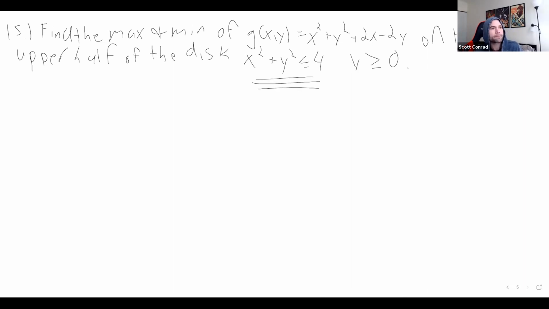So an inequality means you're just going to be considering a closed bounded region, and you have to do the critical points inside the region step, and then consider what's happening on the boundary, and possibly use Lagrange on the boundary. But as we'll see, it may or may not be worth using Lagrange on the boundary.